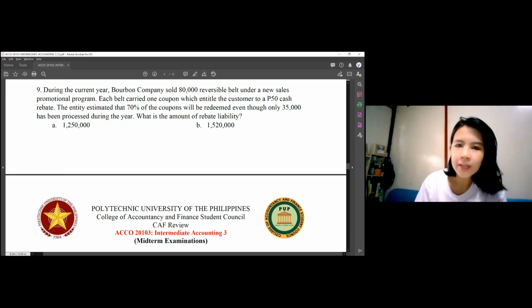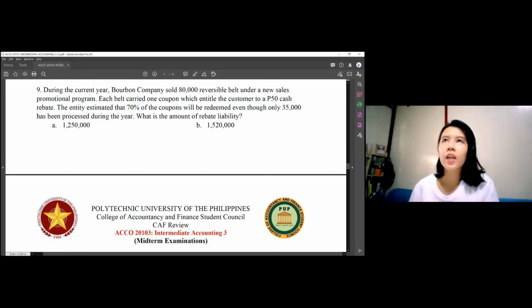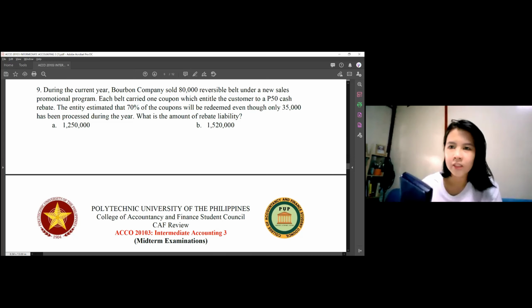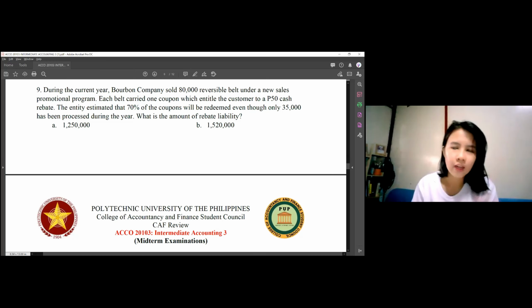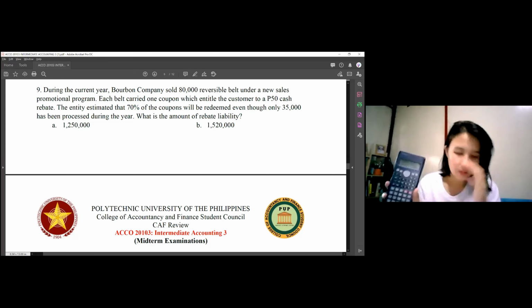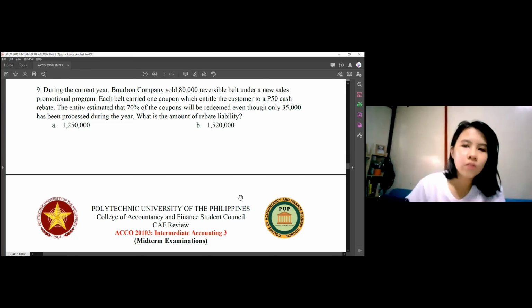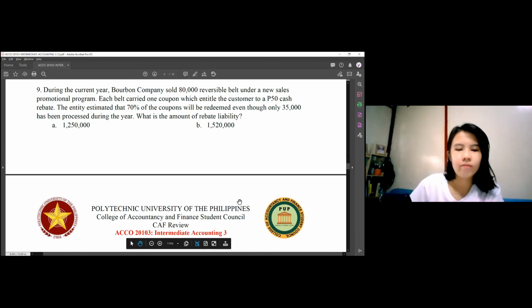Ang debit natin doon ay warranty expense, credit, warranty liability, 2.8 million. Tapos once na na-process na siya, ang magiging entry natin ay debit, warranty liability, then credit, yung cash or materials, or whatever is used. So in this case, cash. So we will credit 35,000 times 50, which is 1.75 million. So therefore, yung liability mo na 2.8 million, mababawasan na ng 1.75 million, and that will be 1,050,000. So that is letter C.